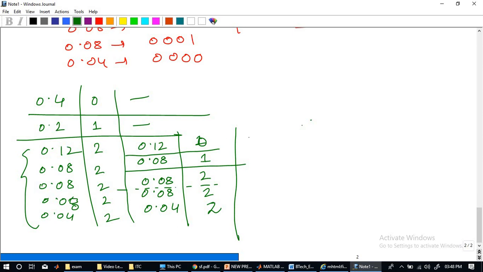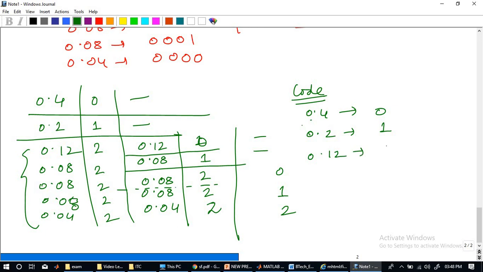Again, we don't have any elements here, so we have to divide this one. Naturally, it should be 0, 1 and 2. So we end our codes. The codes will be: 0.4 is 0, 0.2 is 1, 0.12, what will it be? 0.12 is 2, 0.